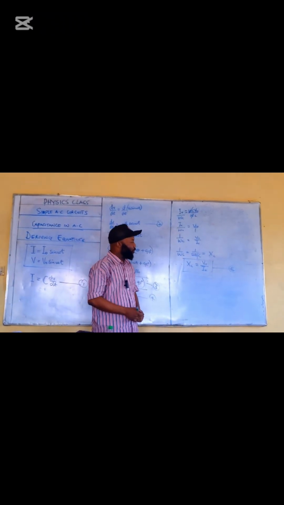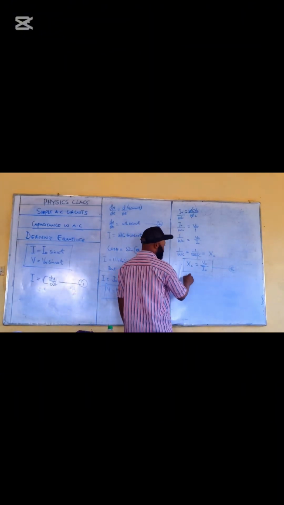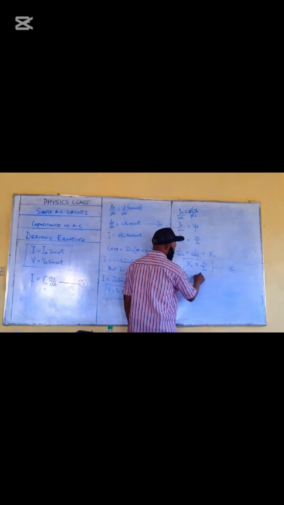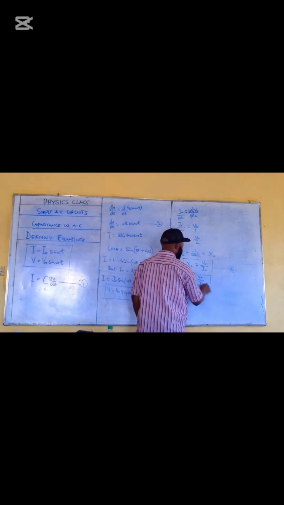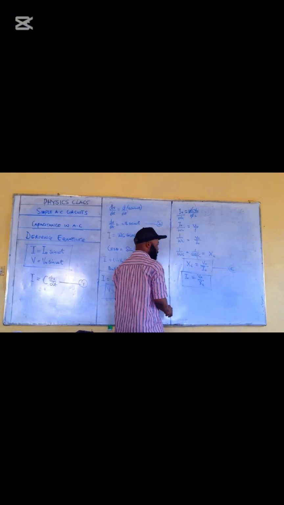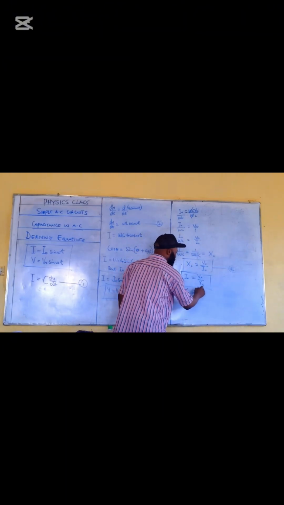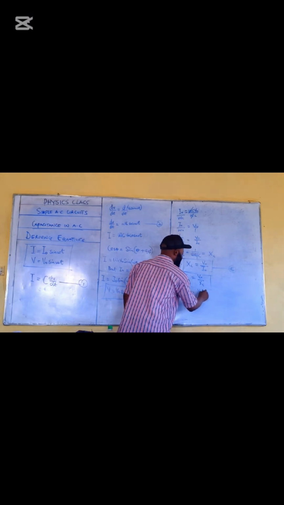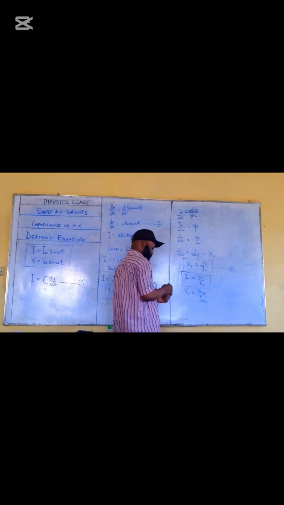Also, we can write the equation for the current as I naught equals V naught over XC. This equation can also be written as XC is equal to V RMS over I RMS.